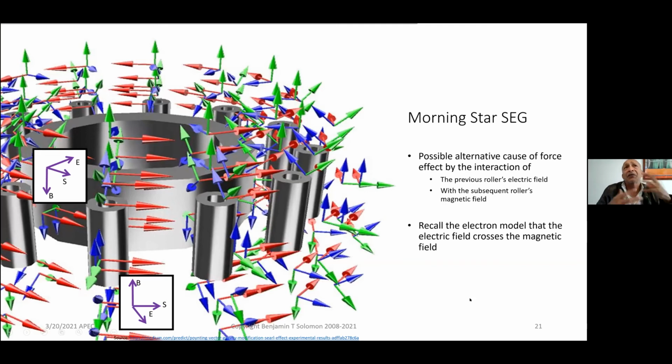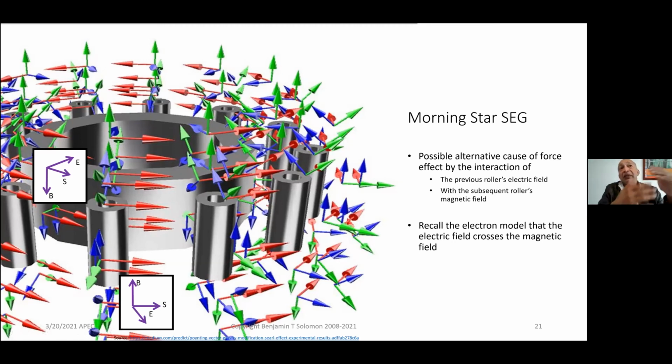So we can ask a few questions. Could it be that the electric field here, since the rollers are rotating, is crossing the magnetic field lines here? The electric field here comes around and crosses the magnetic field line here.